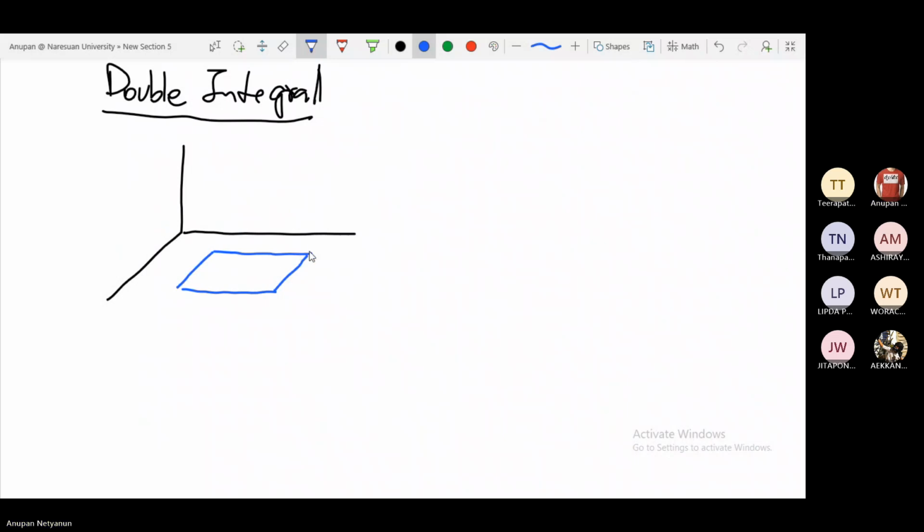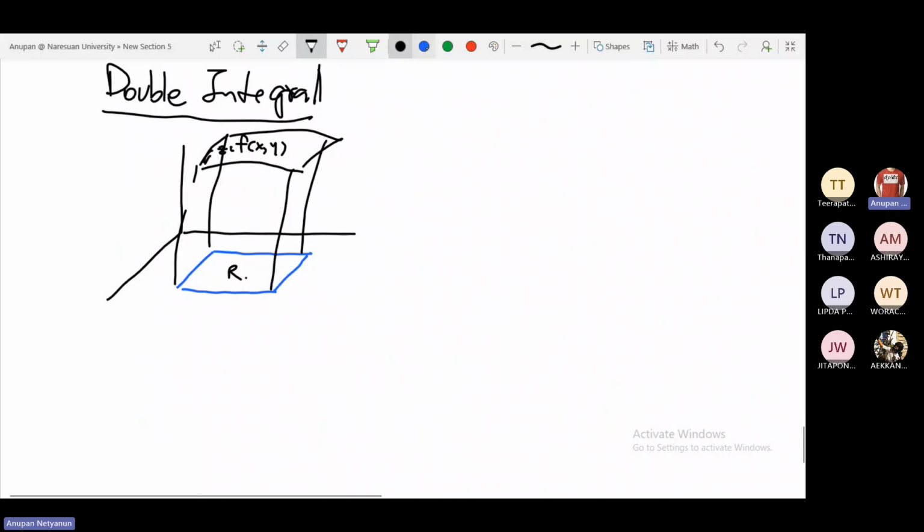Then you have a surface corresponding to the region R. This is your f(x, y), z equals f(x, y).